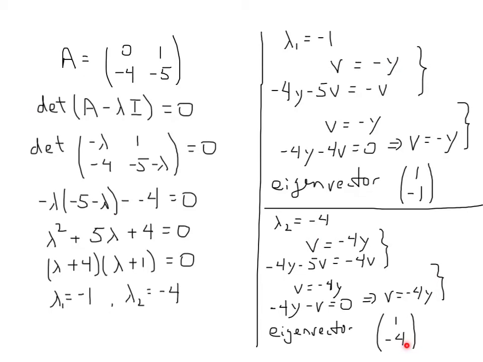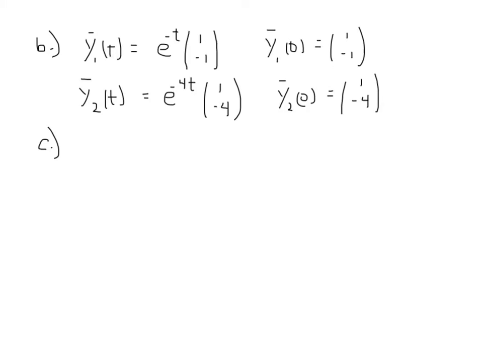Okay, next we find solutions. The way we build solutions, given an eigenvalue of -1 and its corresponding eigenvector of (1, -1), this is the standard form for a solution of a linear system: e to the eigenvalue times t times the corresponding eigenvector. Note that at time 0, its initial position is (1, -1).